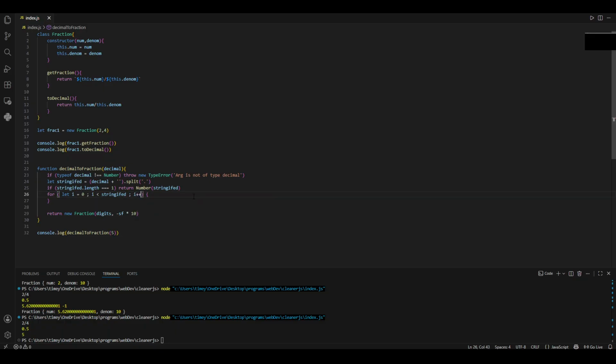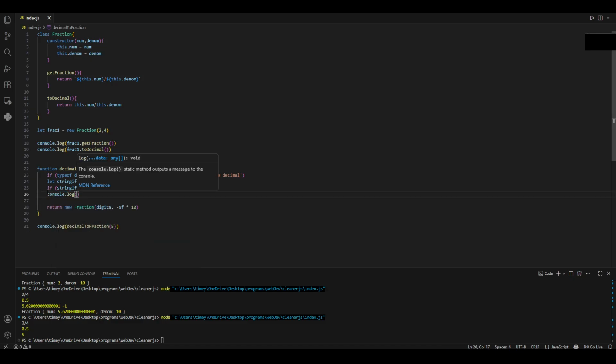And plus for the I equals 0, I less than stringified, I plus plus, and stringified 1, so it's only the decimal part of the number. And oh, actually, you don't even need a for loop.